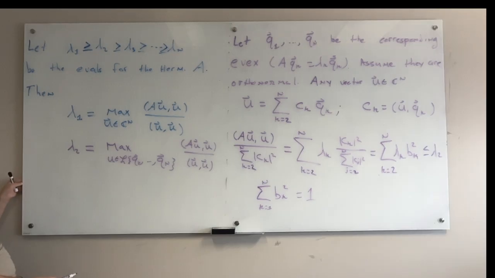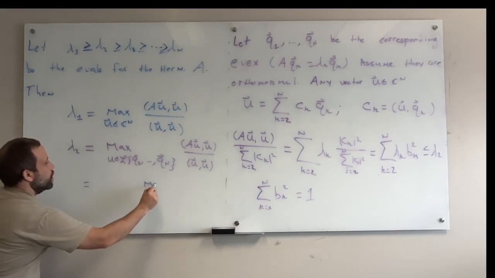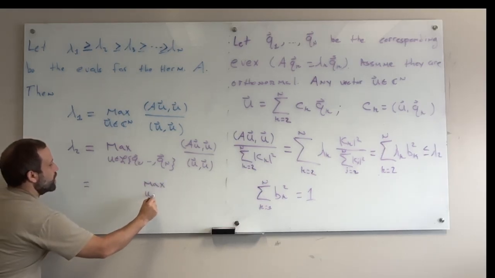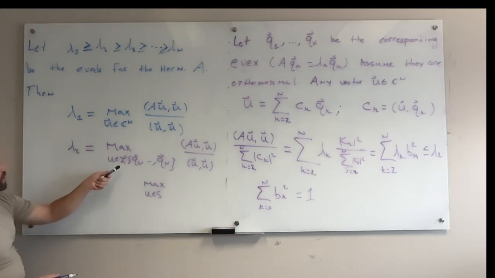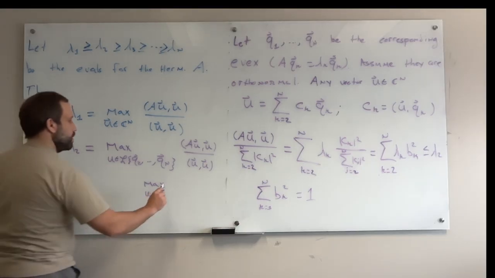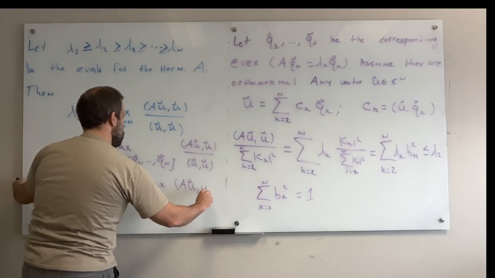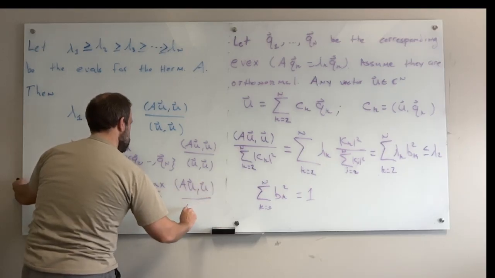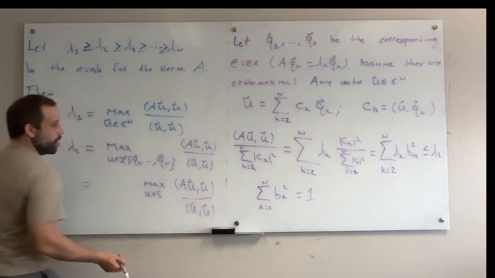Okay, but I'm going to think about this in a different way. So what we're really doing here is looking at u in a specific subspace, a subspace spanned by q2 through qn. But notice what we're doing.